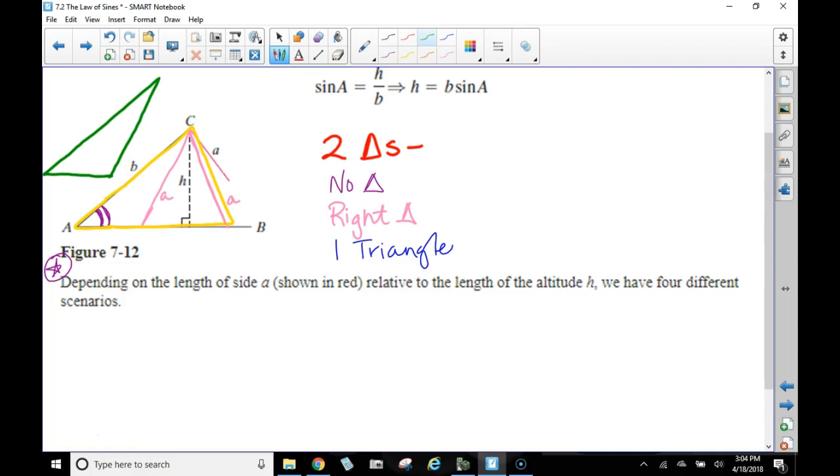You're going to have one acute triangle, and you could possibly have, look at what type of triangle this would be, one obtuse triangle. So these are the different cases that could occur given that ambiguous case, side and non-included angle.